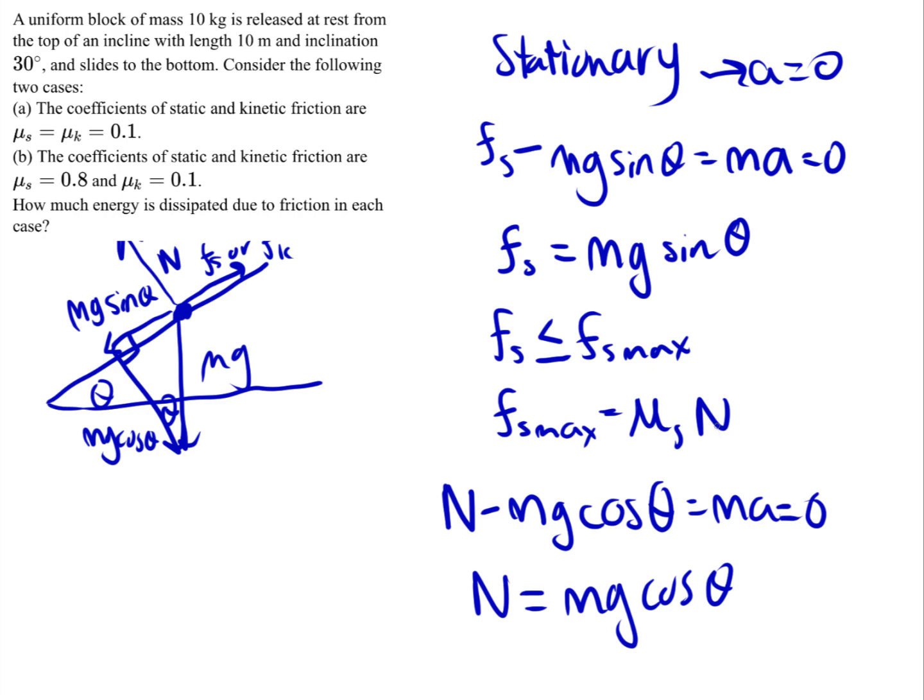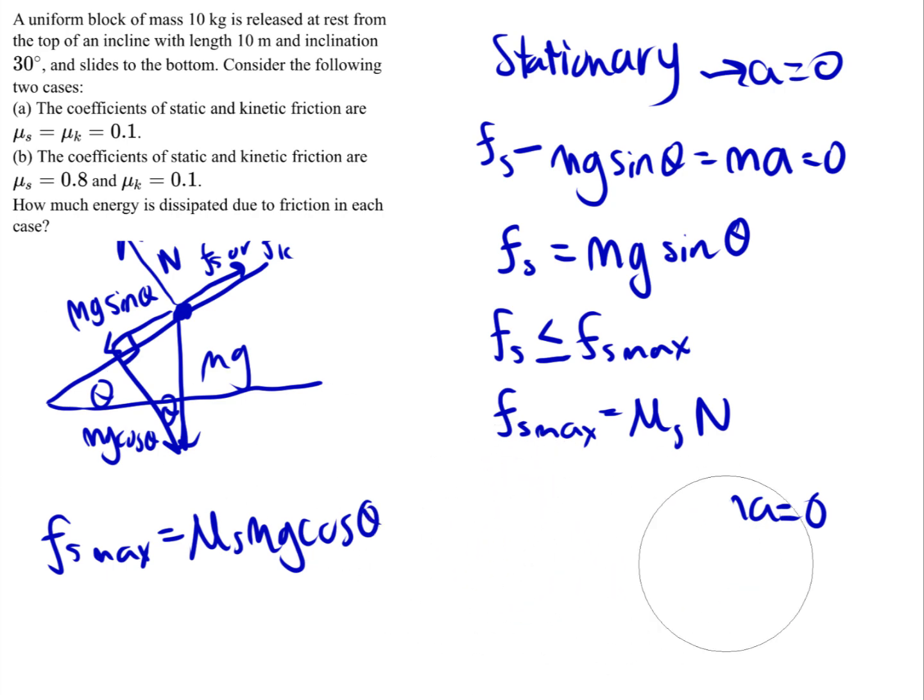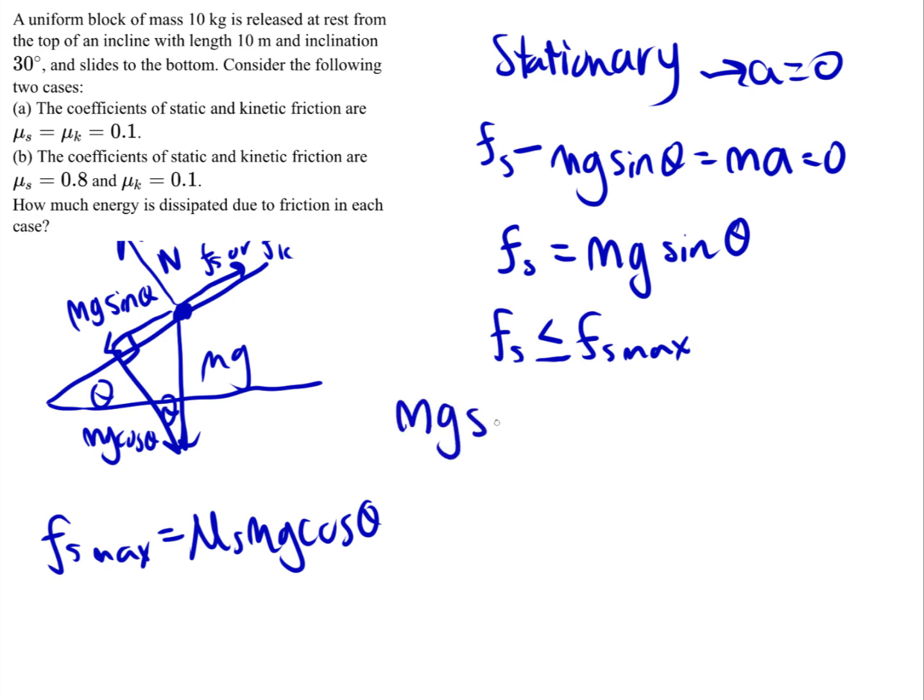And then we can substitute this back in. So from that, we get that the maximum possible static friction is equal to the coefficient of static friction times mg cosine theta. And that's that part. So we know that the force of static friction exerted on the block must be less than or equal to this value. So we just plug everything in. So mg sine theta must be less than or equal to the coefficient of static friction times mg cosine theta.